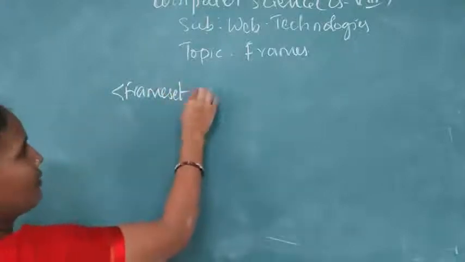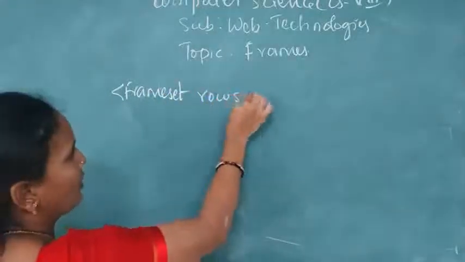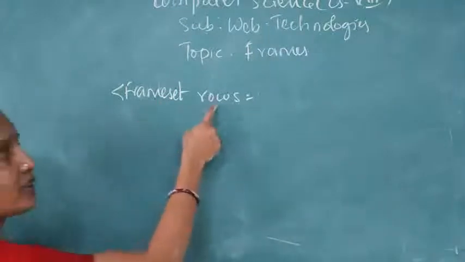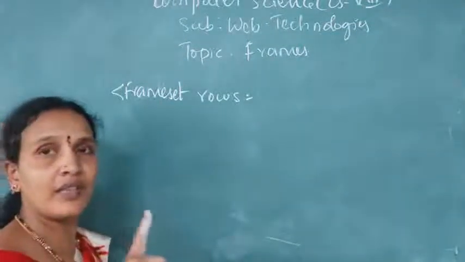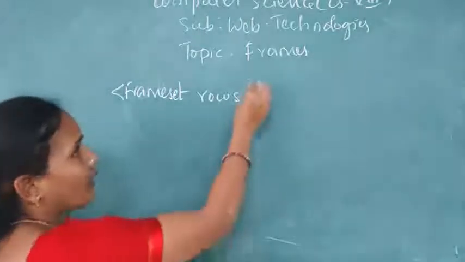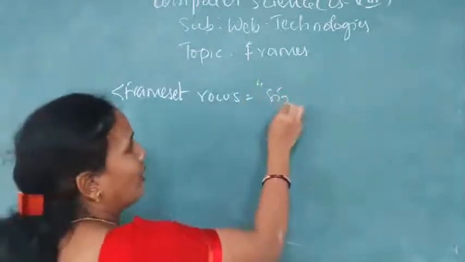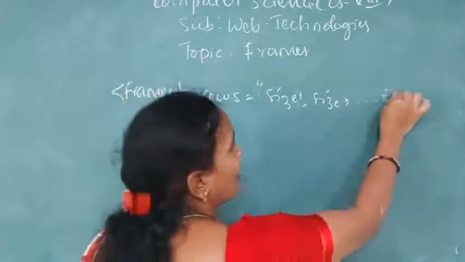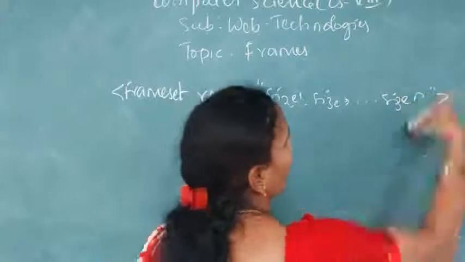Frameset is an element, rows is an attribute. This attribute gives the information that you are going to divide the browser window into rows: the size of the first row, the size of the second row, and so on, up to the size of the nth row.